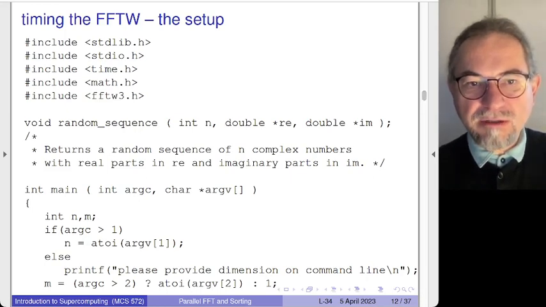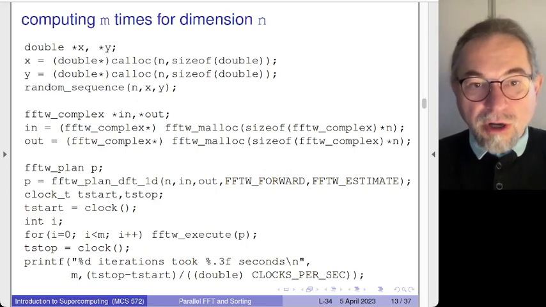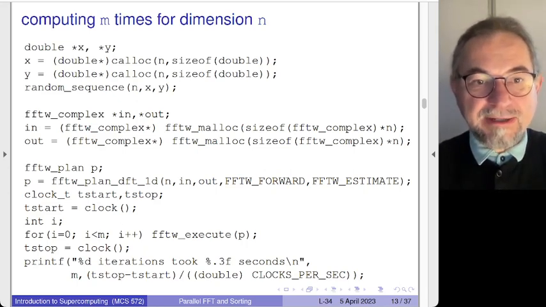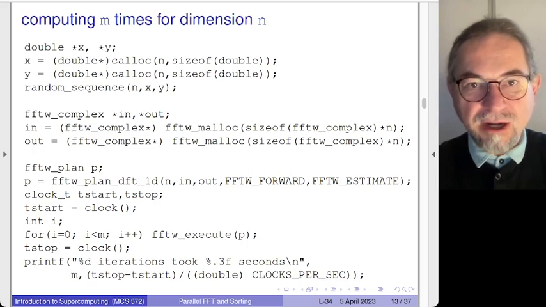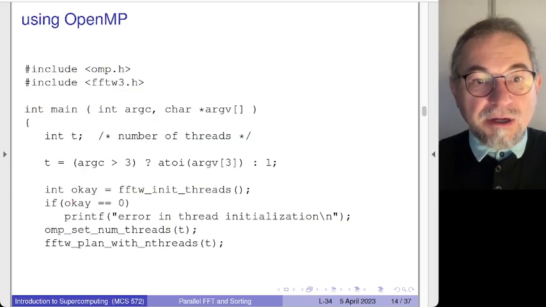Okay, so let's now look at the modifications to start using OpenMP. So we have again the data set. We run it, we create a plan and we time it. So we compute the CPU time. That was the sequential version.